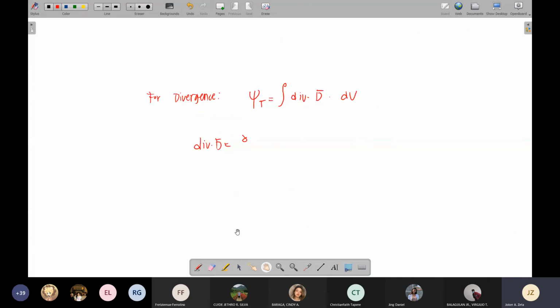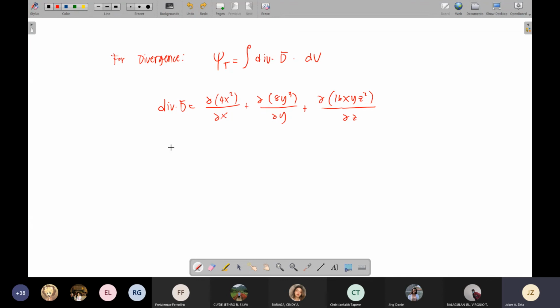Therefore, we have the partial derivative of 4x squared with respect to x, plus the partial derivative of 8y cubed with respect to y, plus the partial derivative of 16xyz squared with respect to z. For this one, you have to recall the derivative formula.